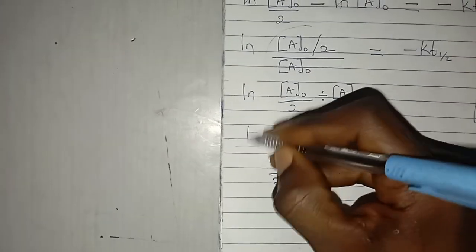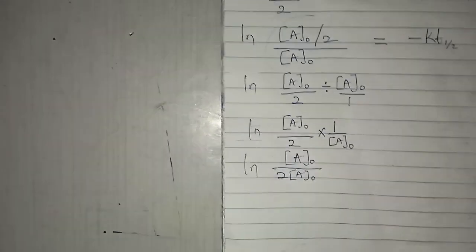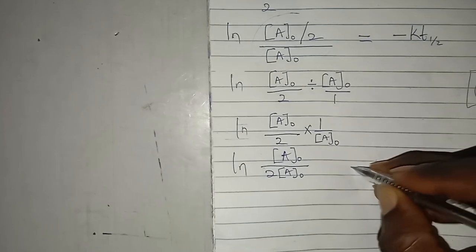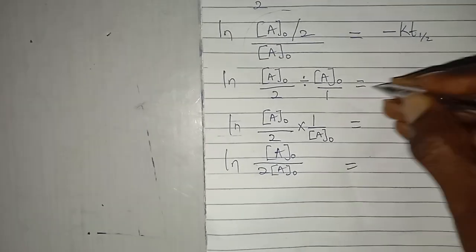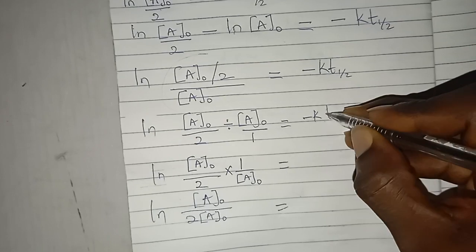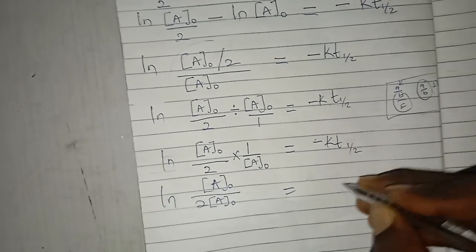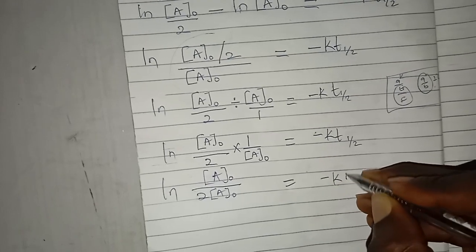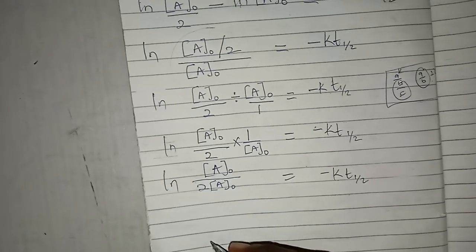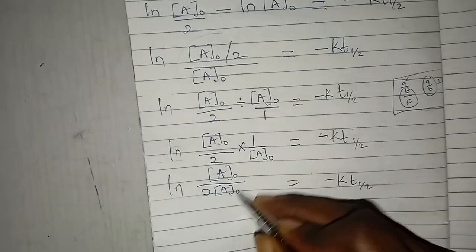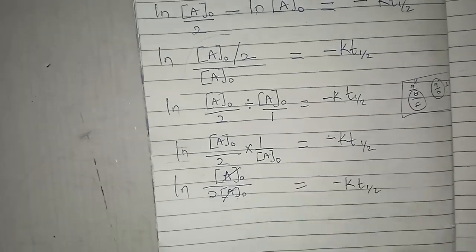Now remember that it's carrying ln, so let me just bring the ln. So ln equals minus k t half. Let me just bring all of it down, because some of you, once you skip a step, you get scared. So notice I have A naught here, I have A naught here. This can take care of this.